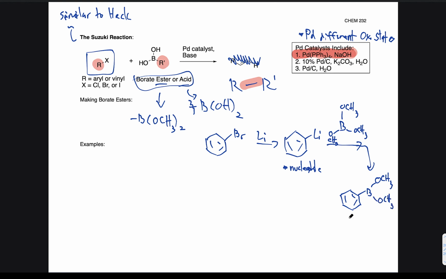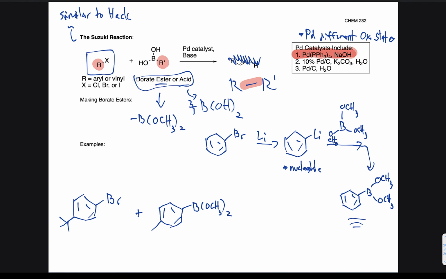And this is the species that's going to react with something else that we want to get to our new carbon-carbon bond. For example, we have a different alkyl halide here, plus our borate ester, which is the same as what we drew here. I'm just shorthanding it like this.